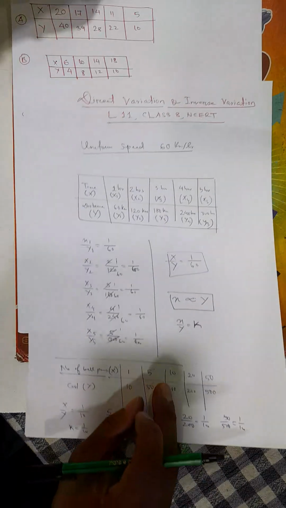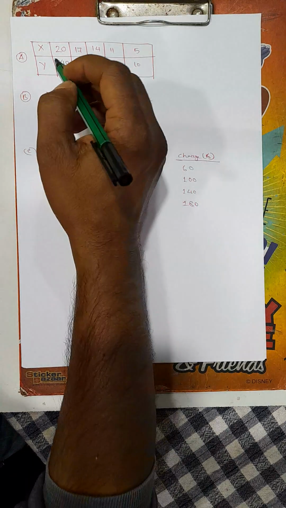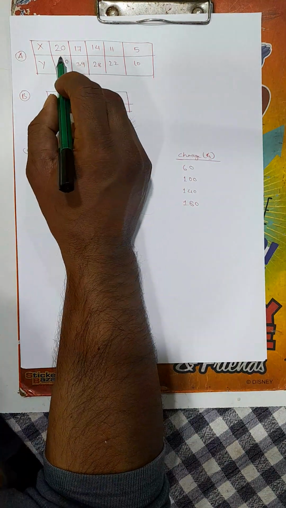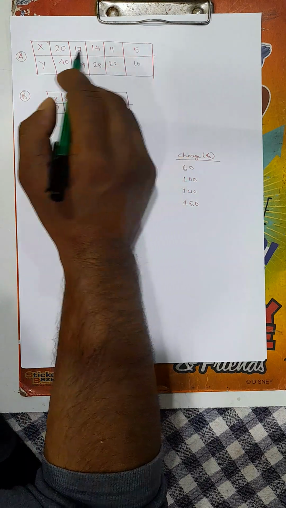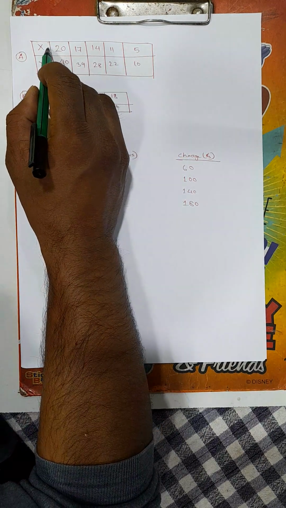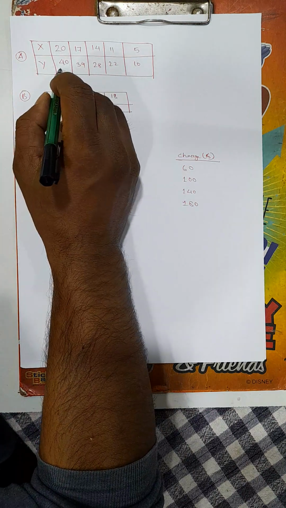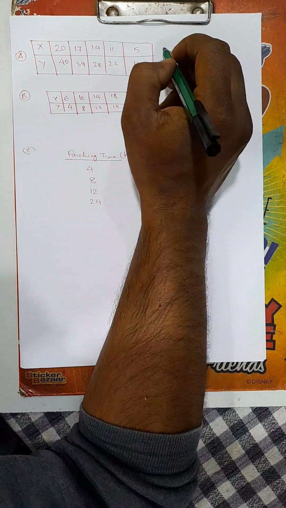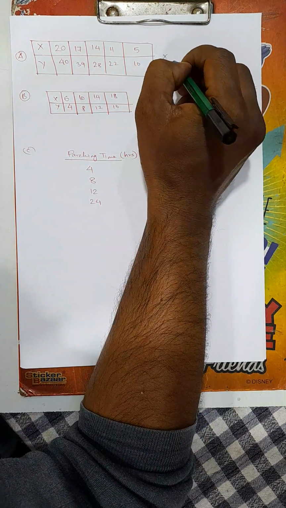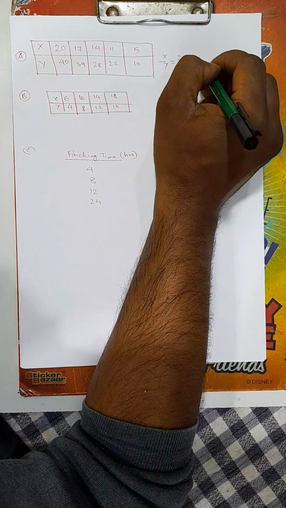Now take this example. Here the values of x are given as 20, 17, 14, 11, 5. So x is decreasing here, and the corresponding values of y are also decreasing, and we have to check whether the ratio is the same. x by y, you find here 20 by 40, this is half.